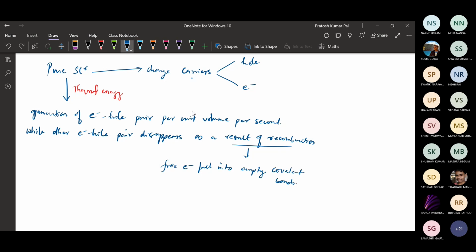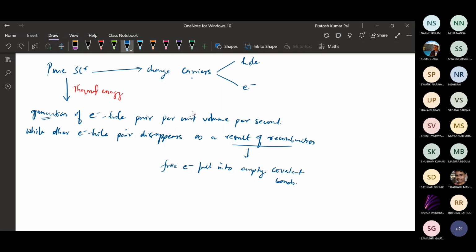So if the crystal is there, if there is an availability, that means in the valence band, or we can say the valence electron is having a vacancy, then that vacancy will be like a hole, so that hole will be occupied by this electron, so electron hole pair recombination will be taking place. So on one side a generation is taking place, and on other side recombination is taking place.